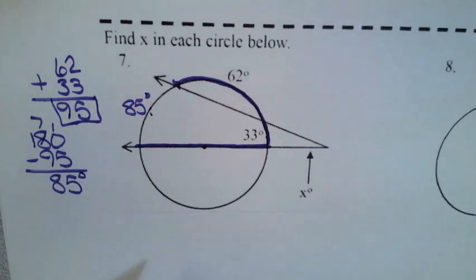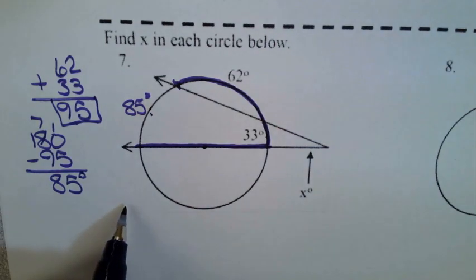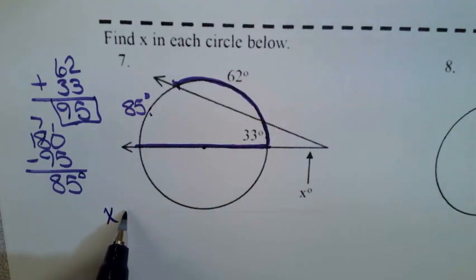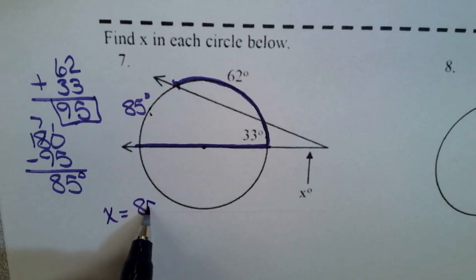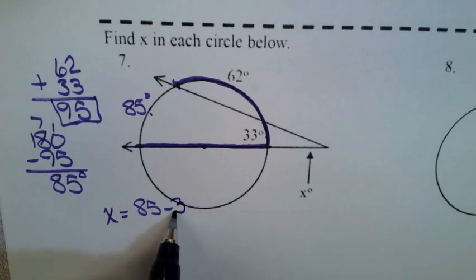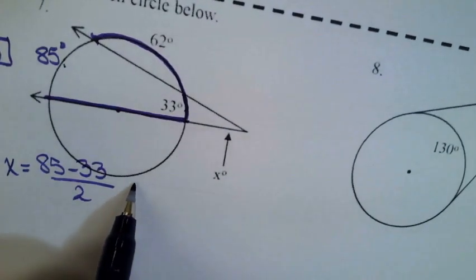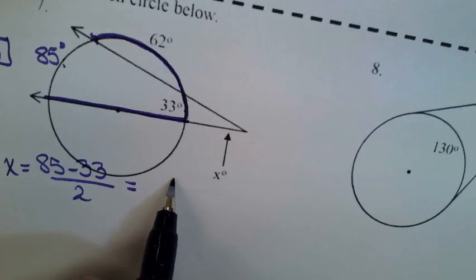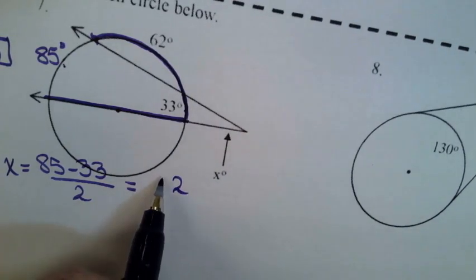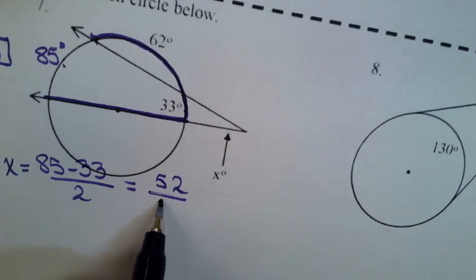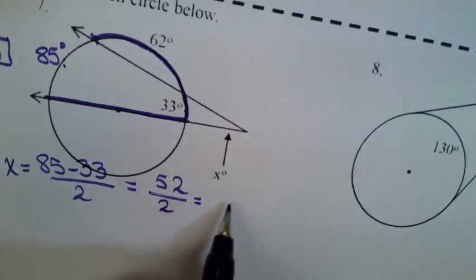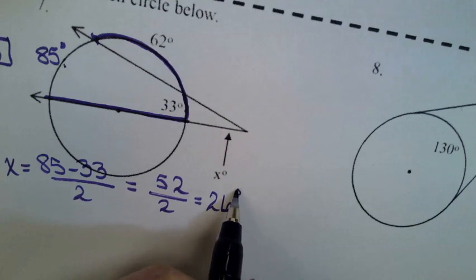Now I can carry on with my formula. So I'll have x equals 85 minus 33 divided by 2. So 5 minus 3 is 2, 8 minus 3 is 5, divided by 2 is 26 degrees.